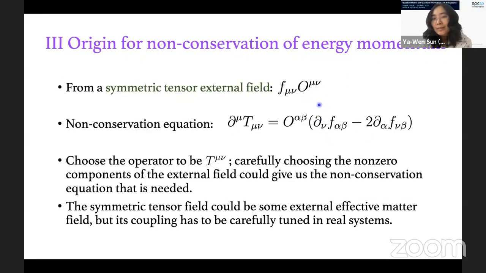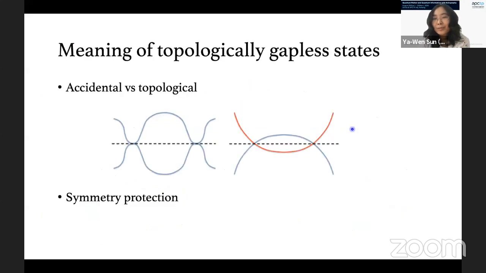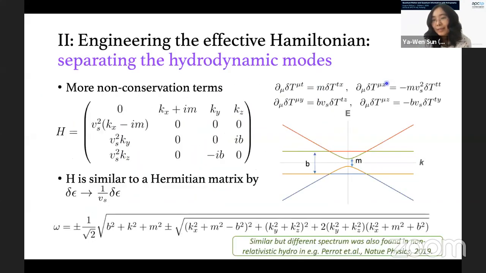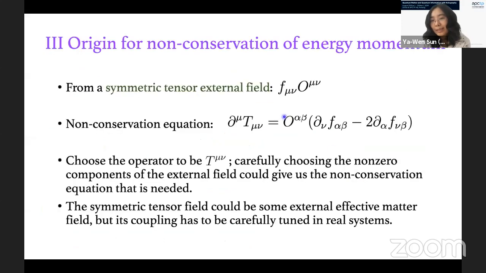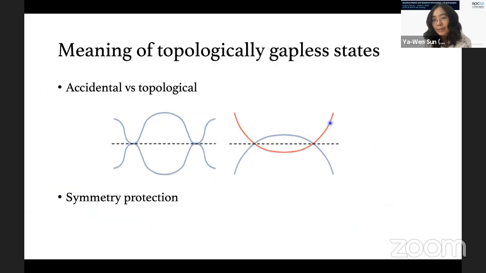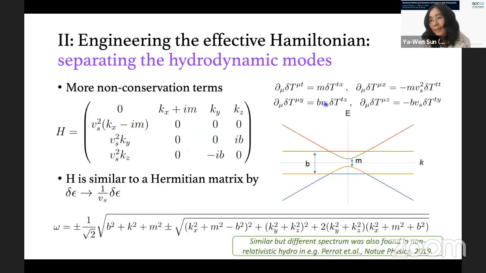And the non-conservation equation looks like this, compared to what we need to have for these 4 equations. So here we need to choose O to be also T mu nu. If we choose this operator O to be T mu nu, and we carefully choose non-zero components of F mu nu, we could, in principle, get non-conservation equations like this.